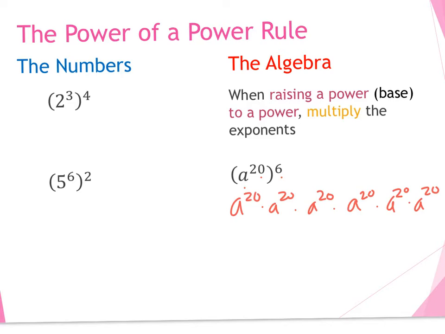Now the way that I would do this, as I told you from your product rule, is that you would just start to add all those exponents together. Well, we know that repeated addition of the same thing over and over again is just multiplication. And so whenever we have this power to a power, we're just going to simply multiply the exponents. So this becomes a to the 20th times 6, which would give us a to the 120.